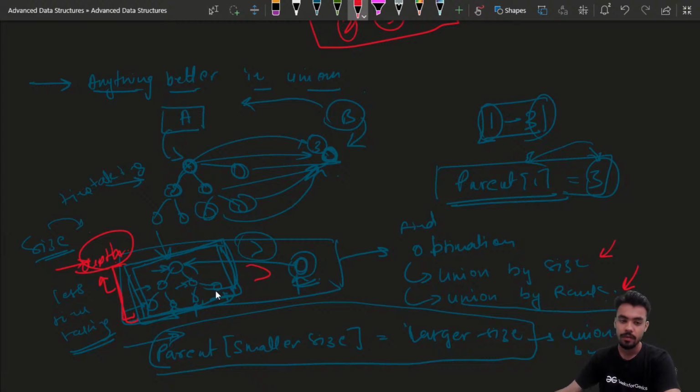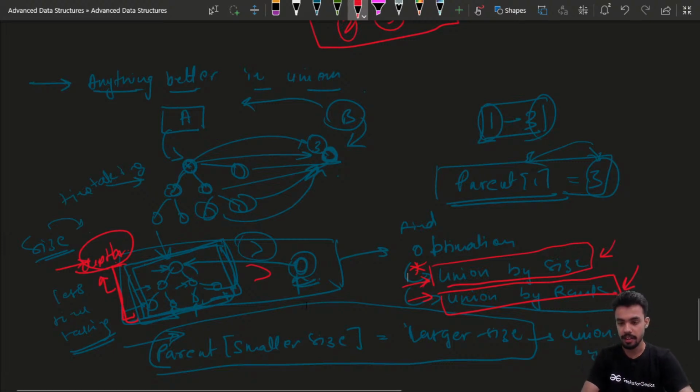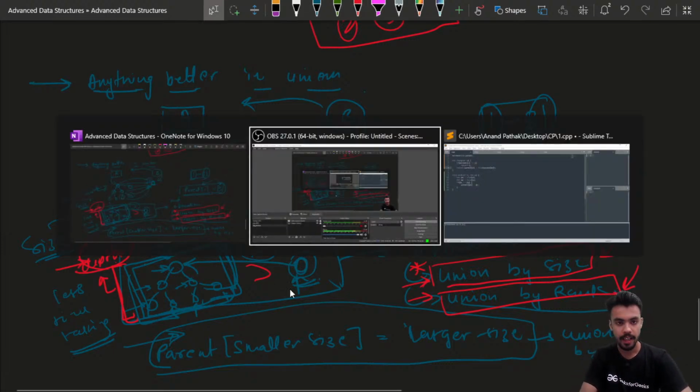If you are using either of these two values, they are going to provide you an efficient approach for the union method. They both behave in a similar manner, so you can use any one of them. I prefer to use union by size because it is more intuitive to me. So now we can apply the union by size method in our approach.